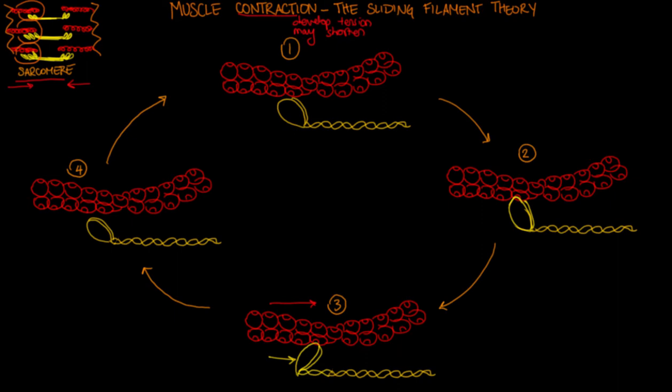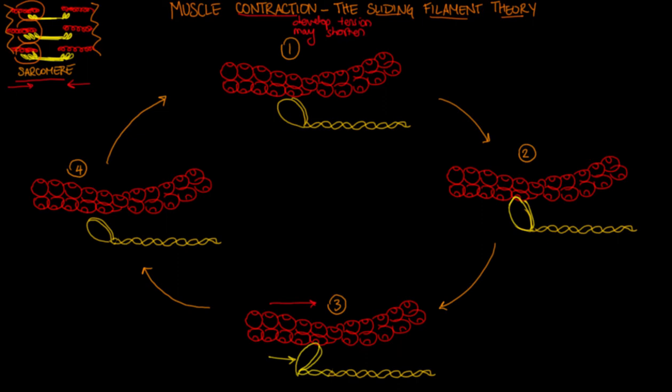There are several different factors that need to come into play in order to allow myosin and actin to communicate and then start sliding across one another. This is going to result in contraction, and this is why we call this mechanism the sliding filament theory, because it is thought that actin and myosin are going to slide against each other in order to result in sarcomere shortening. So what's the first thing that happens?